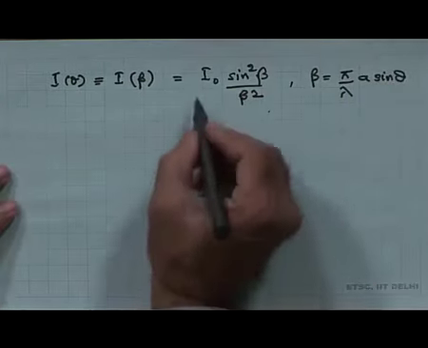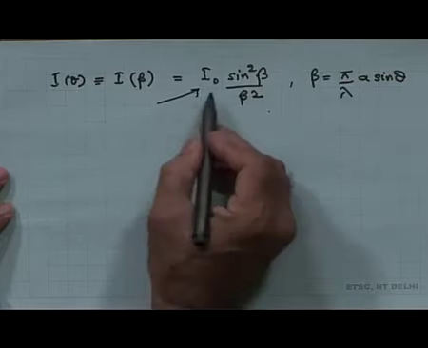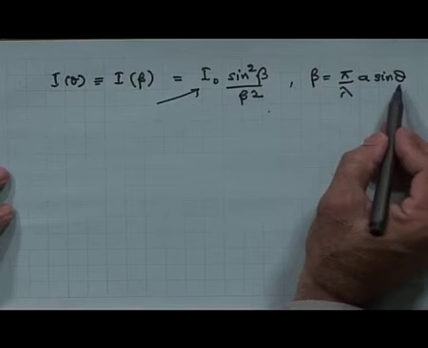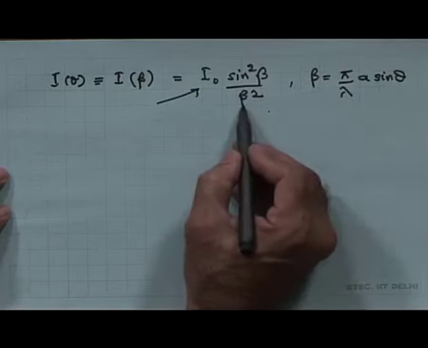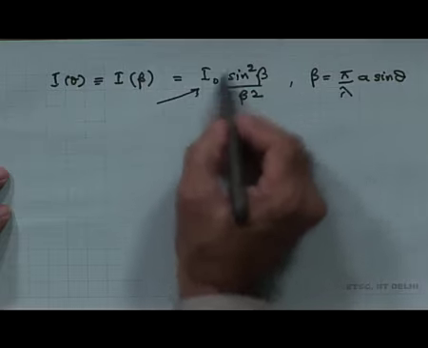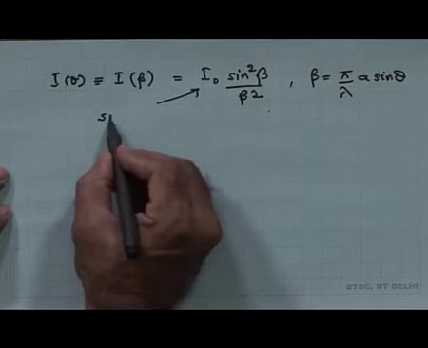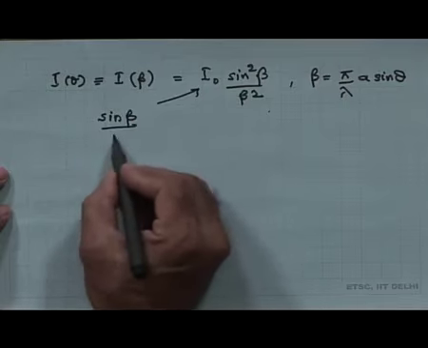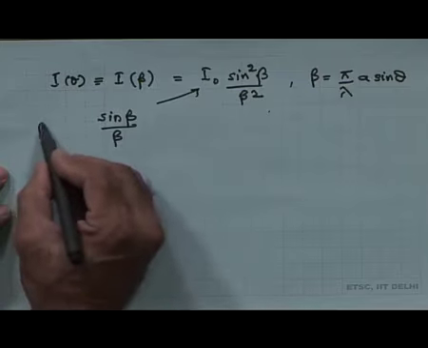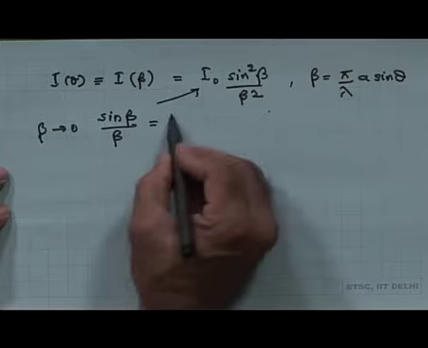Now, I said that I 0 is the intensity at theta equal to 0. At theta equal to 0, beta is 0, but beta is in the denominator, therefore this is undefined. So, how do we say I 0? Because sin beta by beta, as beta tends to 0, is equal to 1.